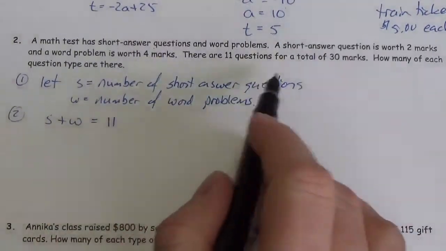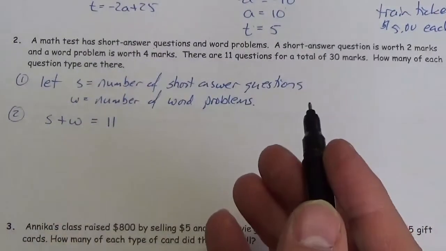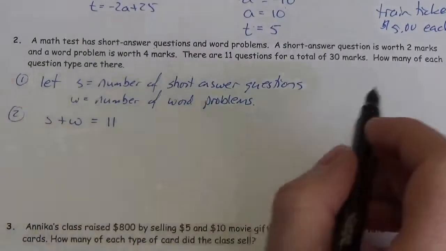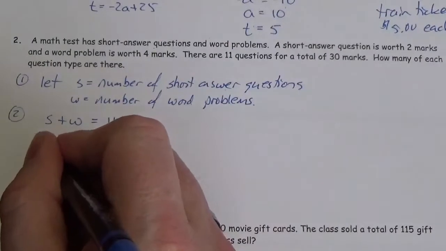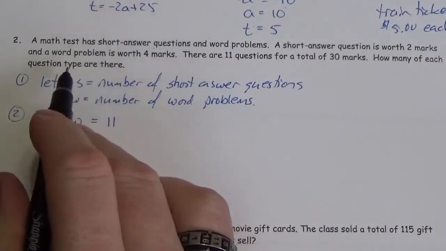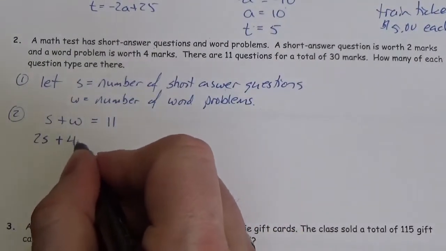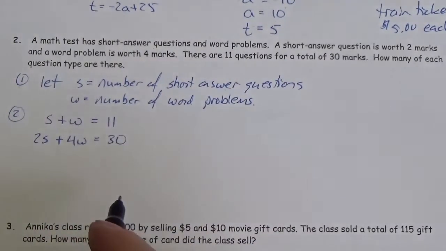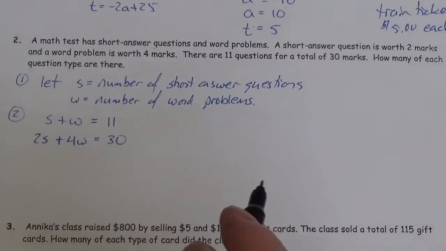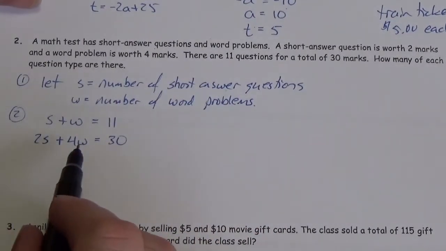If I wanted to figure out the total marks, which I know is going to be 30, then I just have to figure out how many marks I'm getting for the short answer. That's going to be 2 times S. And then for each word problem, I'm going to get 4 marks. When you add those together, the answer should be 30 marks. So S plus W should equal 11, and 2S plus 4W is equal to 30.